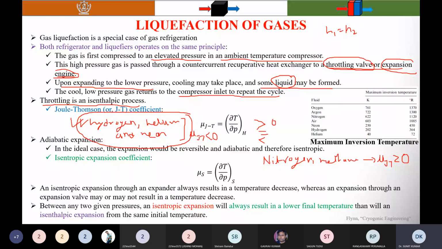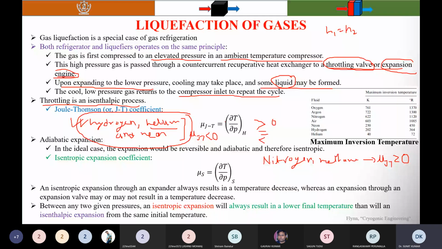Why did I skip this? Because there is one more subject which you are going to study in the next semester, that is cryogenic process engineering. In that subject you are going to study the behavior of these gases.